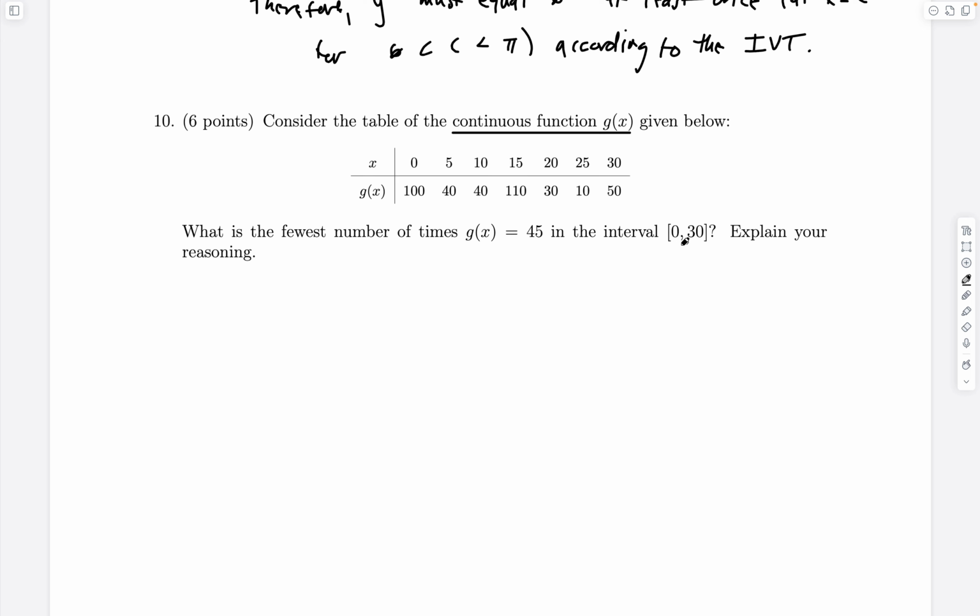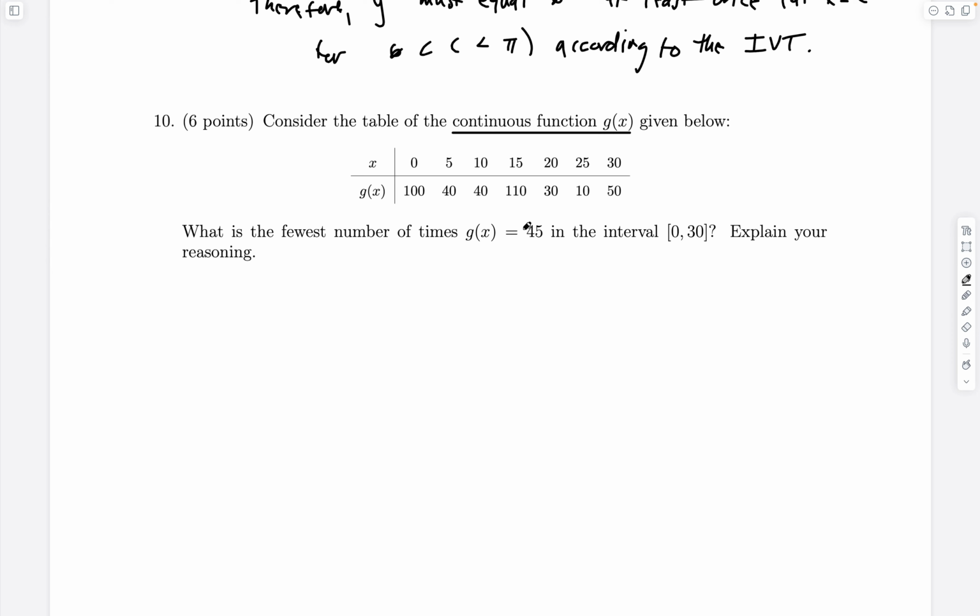So how many times are we going to be able to see that the height equals 45 on the table, right? So from 0 to 30, somewhere in between the table. Well, hopefully, just as we talked about with number 9, number 10 is asking us to use the intermediate value theorem, right?